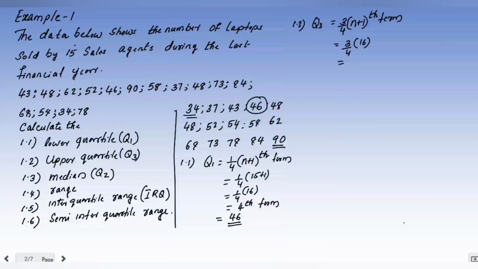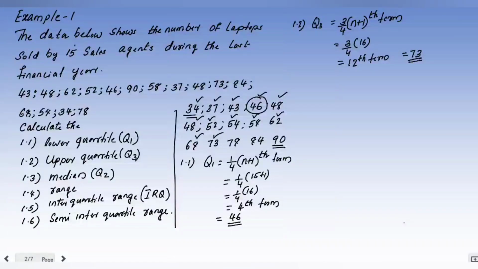So when you do this, you get the 12th term. Remember, 12 is not the answer; the 12th term is the answer. So how do you calculate? 1, 2, 3, 4, 5, 6, 7, 8, 9, 10, 11, 12. That is 73. Is it clear? So that's how we find Q3.